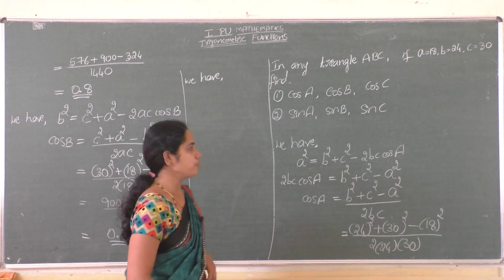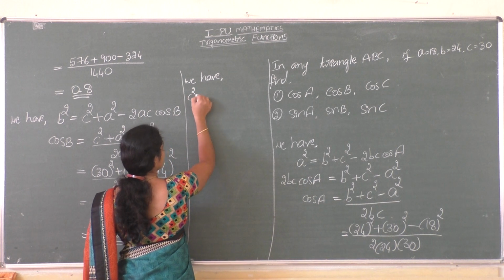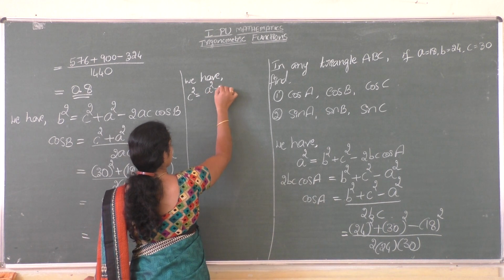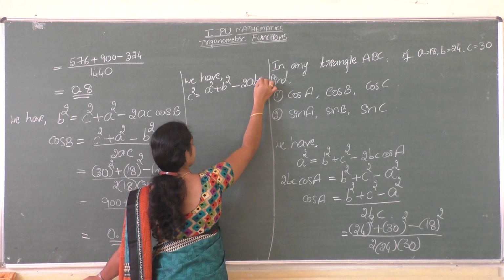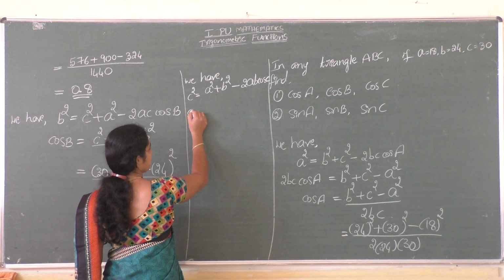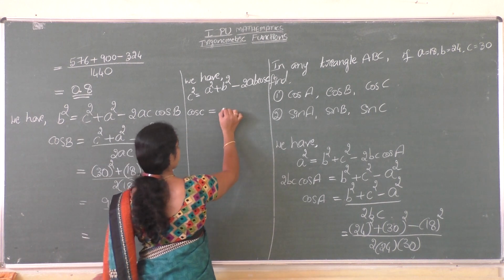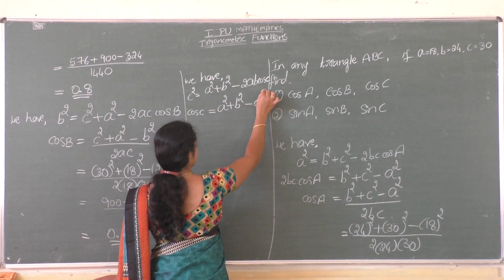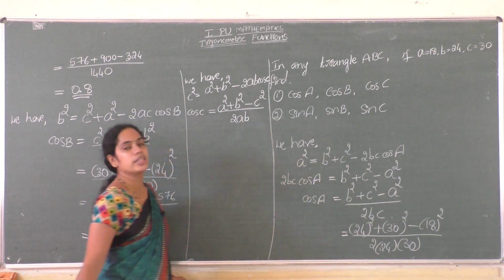Now one more, we need the cos C value. To find cos C, what is the formula? We have to use c square. c square equal to a square plus b square minus 2ab cos C. What is cos C? Cos C is equal to a square plus b square minus c square divided by 2ab.